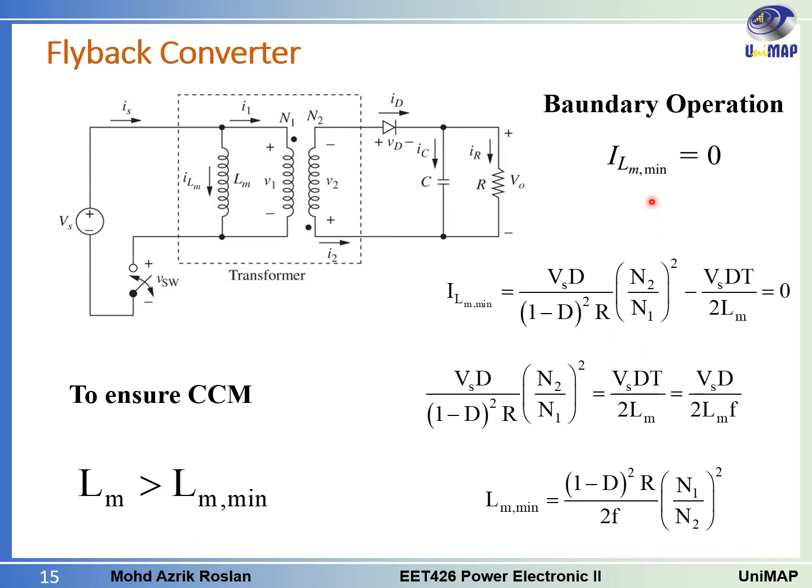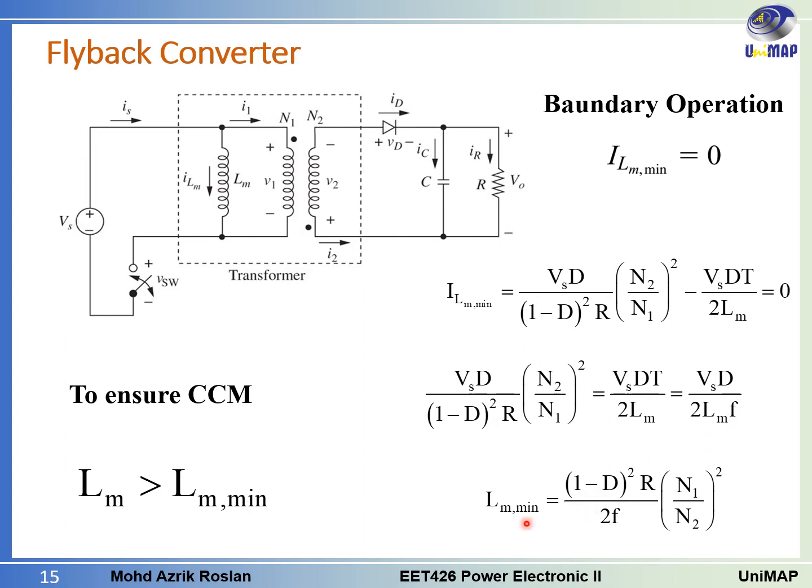To find that, we have to find, at the boundary condition, ILM min equals 0. So we already have the equation for ILM min. Set the equation equal to 0, and then you can move this one to this side. This one equals VS dt over 2 LM, and T here we can replace by 1 over f.